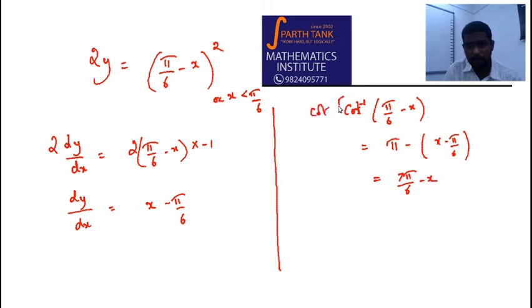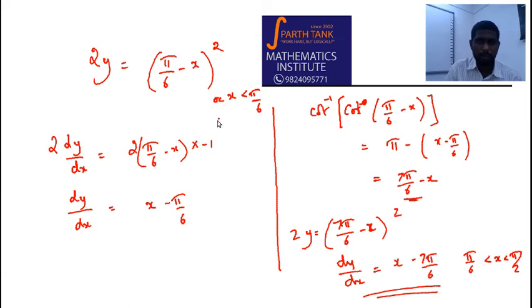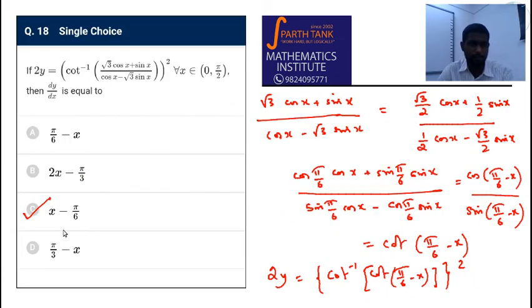Then 2y would be 7 pi by 6 minus x the whole square, and dy by dx would be x minus 7 pi by 6. So this is for the region pi by 6 to pi by 2. For the region 0 to pi by 6, it would be the earlier answer. Among these two, we have only this option. So therefore the answer is C.